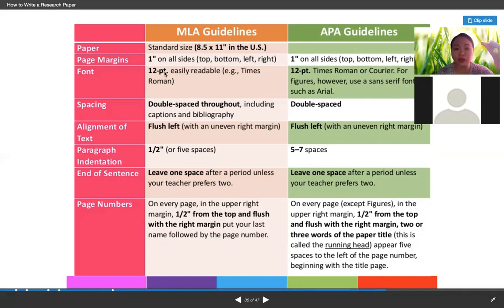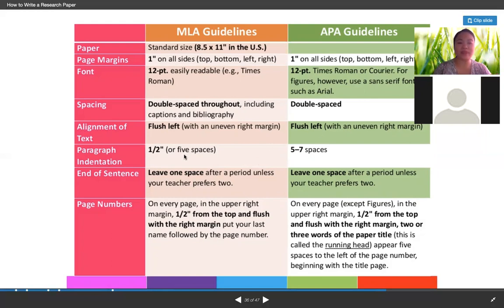The font is 12 point, margins are 1 inch, for both. But for MLA, they use the letter paper, not the short bond paper size. And the spacing is double, no? Alignment is left, right?